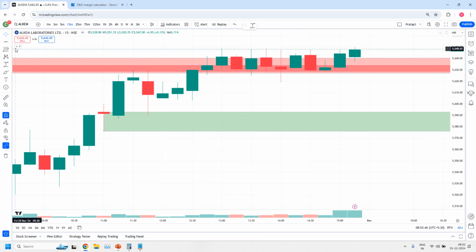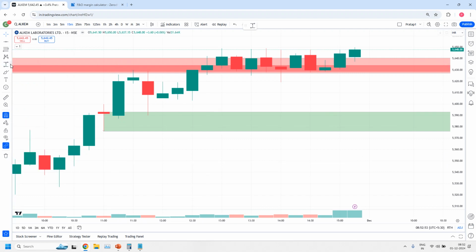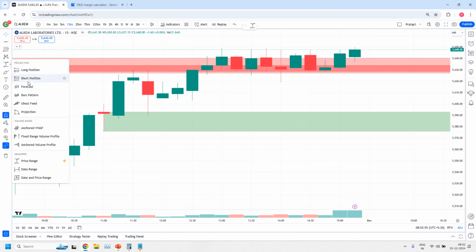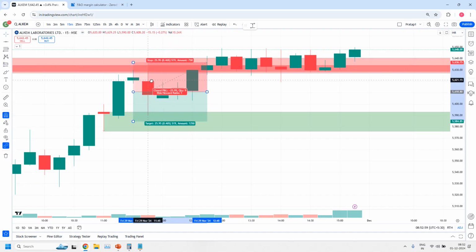And see the RR you got. You got a good RR. Approximately I am adding some stop buffer.